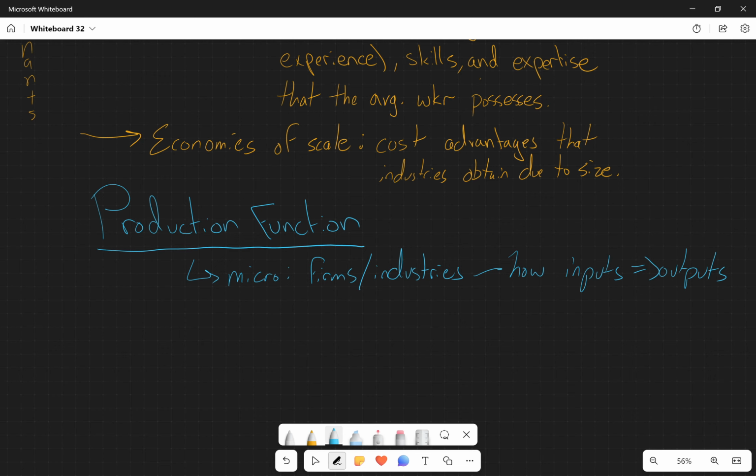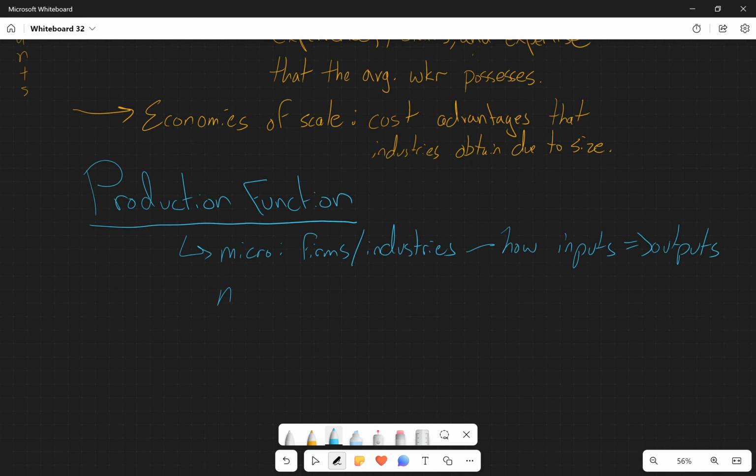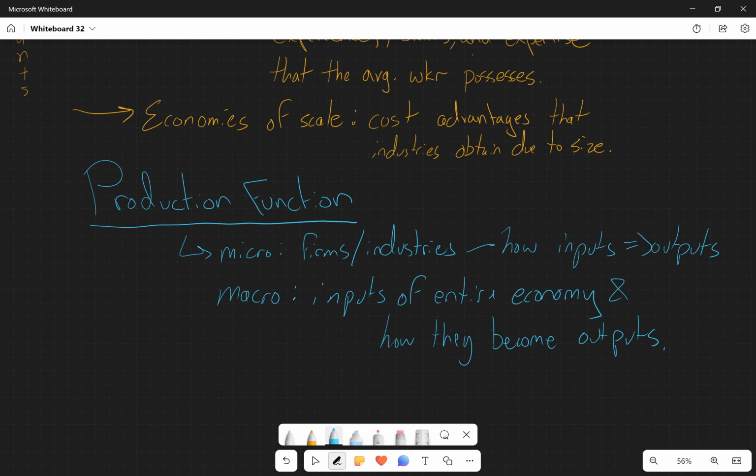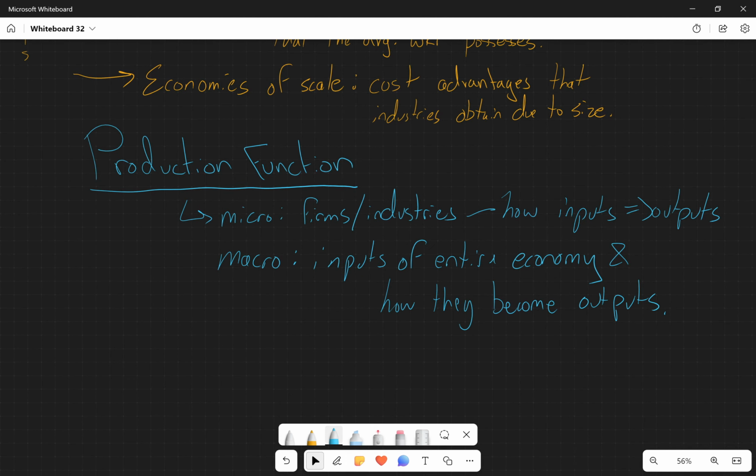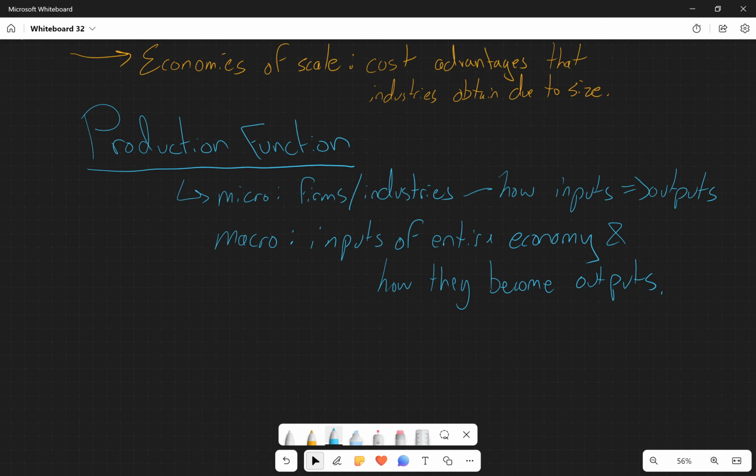In macroeconomics, we're looking at the inputs of the entire economy and how they become outputs.